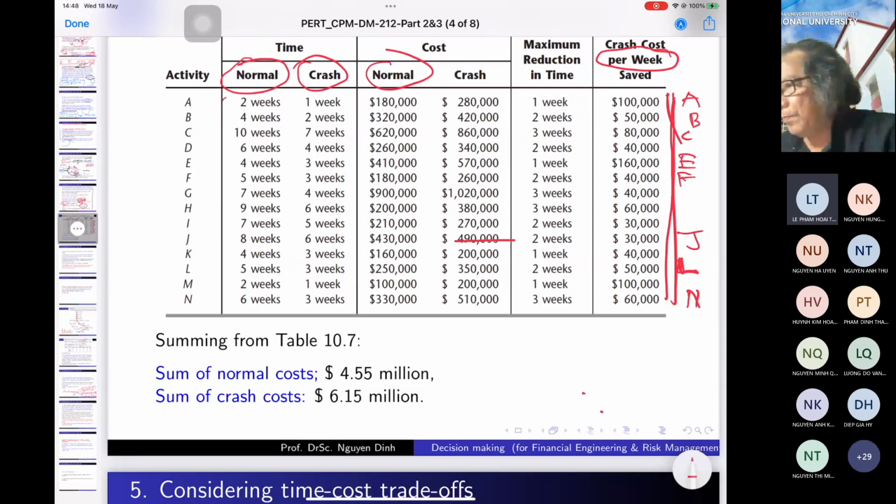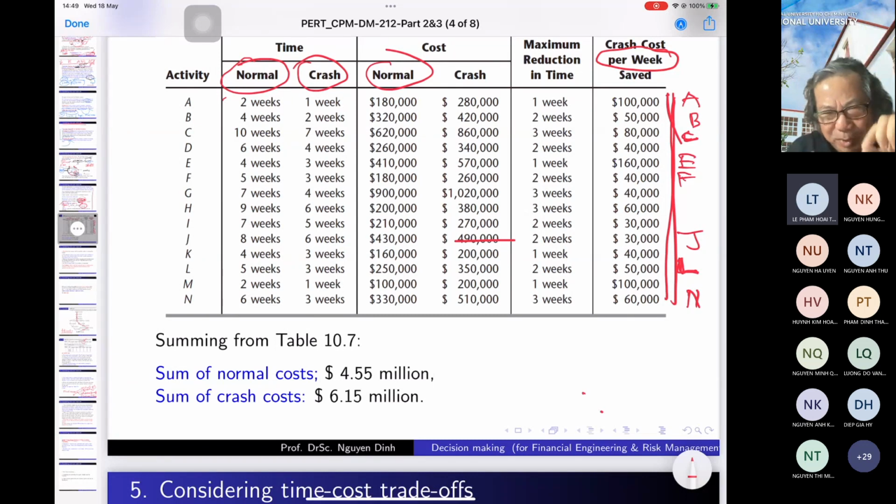Is that okay? So you see in this note, which one we should reduce? First of all, we think of A, B, C, E, F, J, L, N, because it's in the critical path.